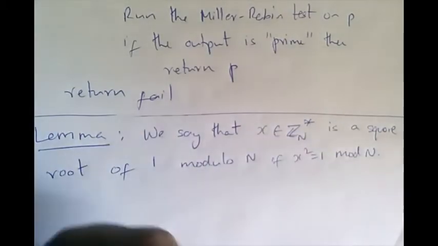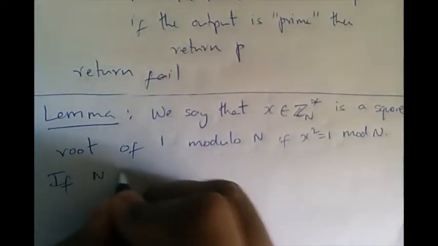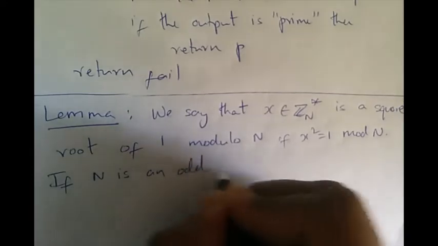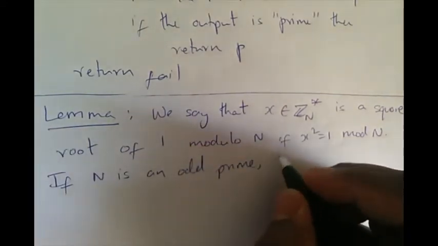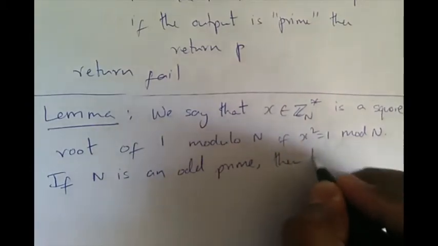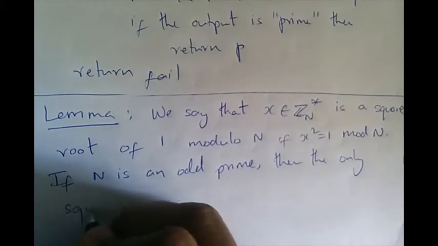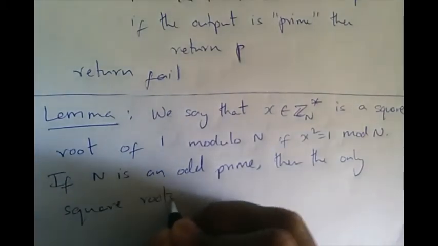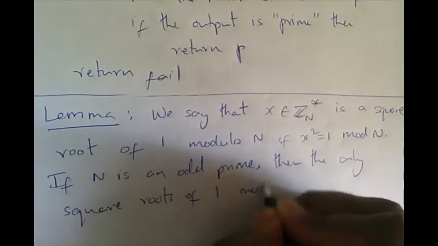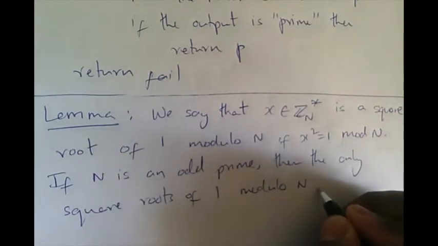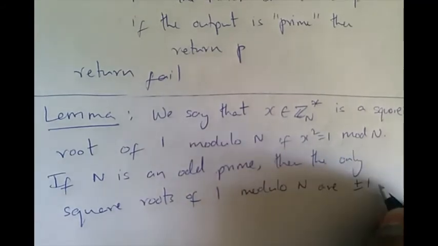And the lemma says that if n is an odd prime, then the only square roots of 1 modulo n are plus or minus 1 mod n.